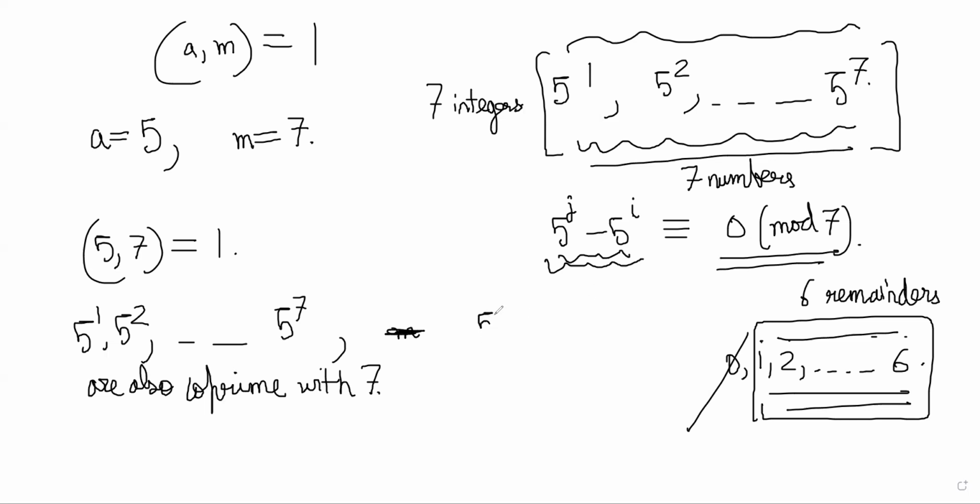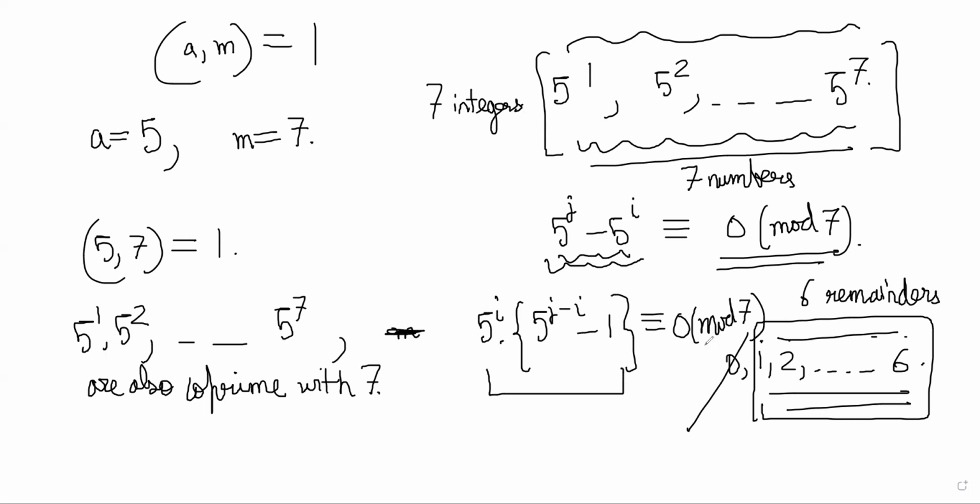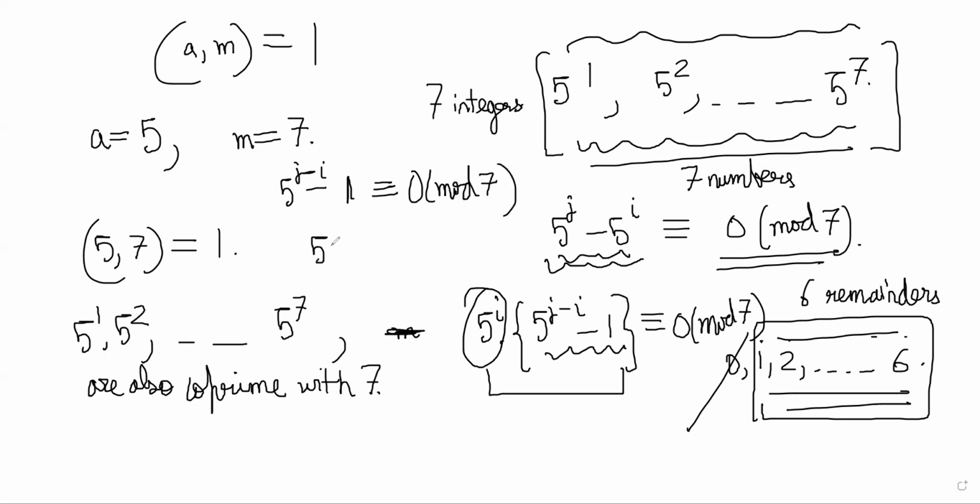And as soon as you do that, you can say 5 power i times 5 power j minus i minus 1 is congruent to 0 mod 7. And now this means that this number is divisible by 7, but 5 power i cannot be divisible by 7. So this must be divisible by 7, which means 5 power j minus i minus 1 is 0 mod 7, which means there must be some 5 power j minus i which is 1 mod 7.